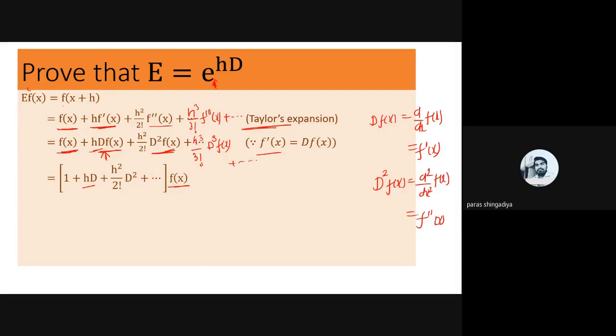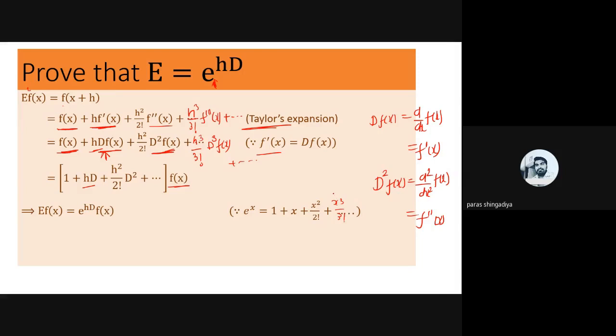Okay, and now we are using the e raised to x series. So what is the formation of the e raised to x series? That is in such form. e raised to x is equal to 1 plus x plus x square by 2 factorial plus x cube by 3 factorial plus x raised to 4 by 4 factorial, and so on.